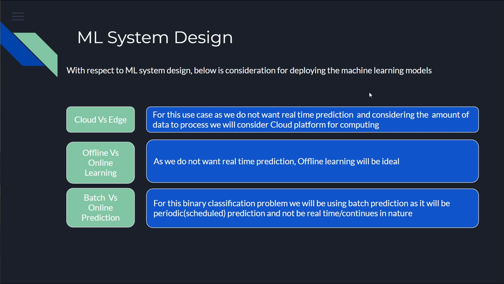Online versus offline learning: we are not doing any real-time predictions, so we will prefer offline learning, which will best suit the case. Batch versus online prediction: for this binary classification problem, we will be using batch, as these predictions will be periodic in schedule, and it won't be a real-time, on-the-fly sort of use case.